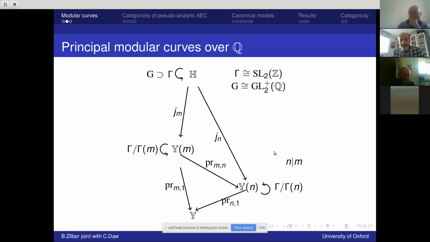And of course many more. From the algebraic geometry point of view, very important is that you have the Zariski topology here. And here there is some analytic topology, analytic structure.